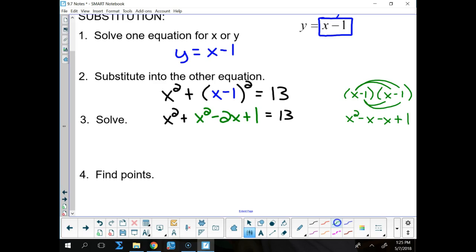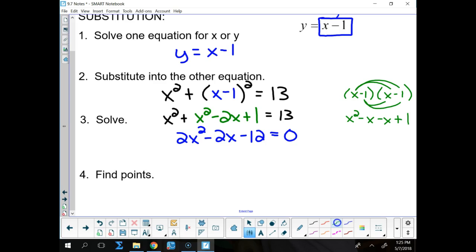Combine like terms. Do my x squareds go away? No. Does my linear term go away? No. So because my x squareds didn't go away and my linear term didn't go away, that means I've got to get everything onto one side. So it becomes 2x squared minus 2x minus 12 equals 0.